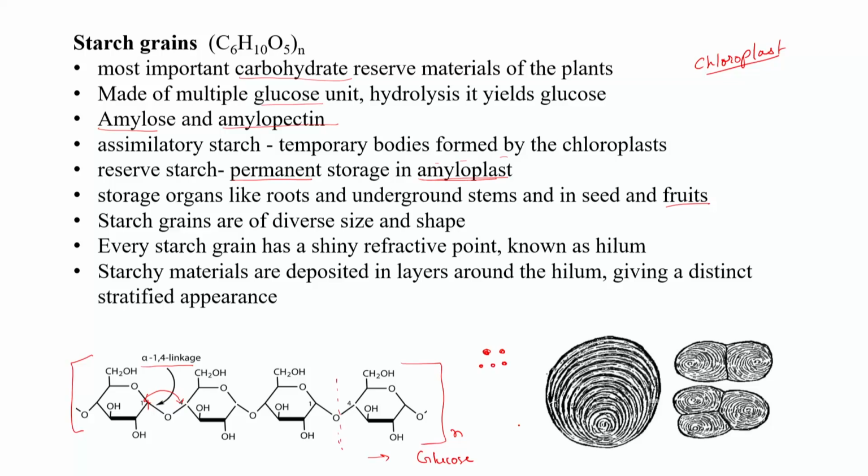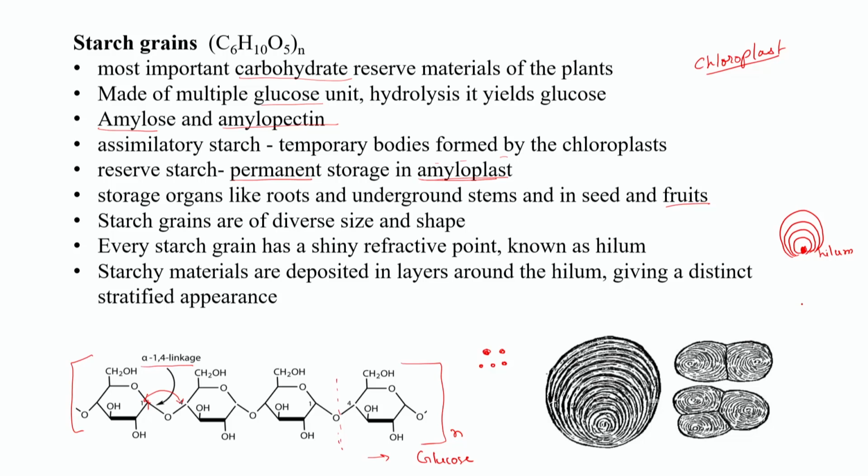Every grain, when we observe it, will have a common point which is known as the hilum, and it is the point from where the deposition of starch appears in a starch grain. It will be deposited in a stratified manner, layers of starch will be formed around that hilum.